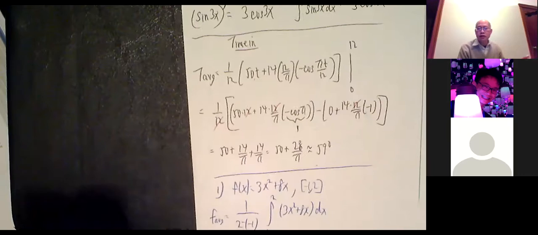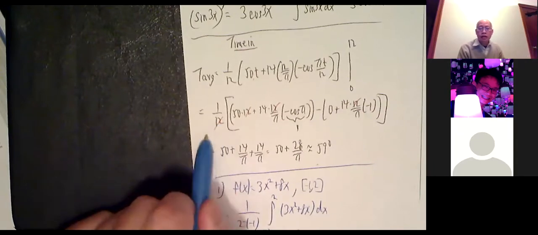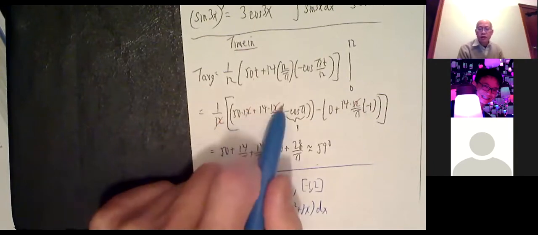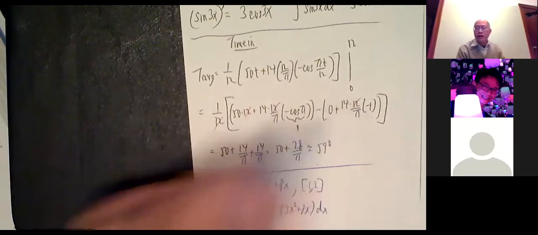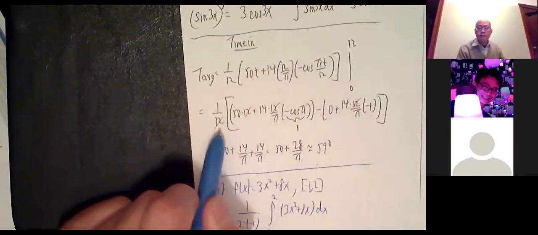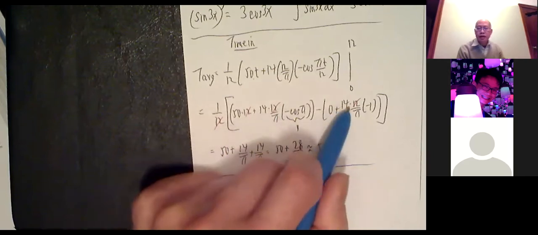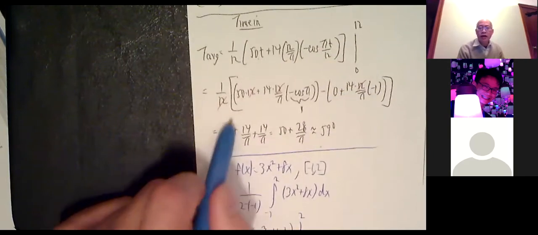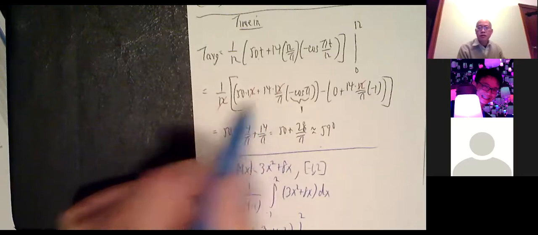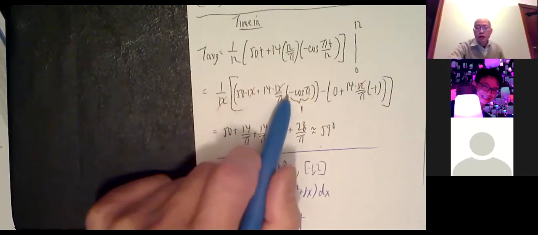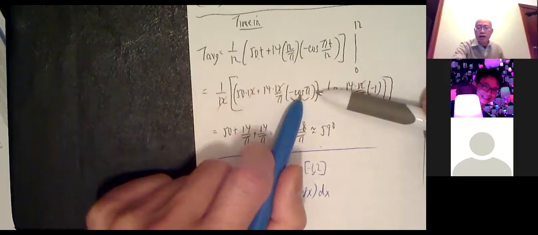Now look at this little trick that I did. Cancel that 12 with that 12, that 12, and that 12. That way I never have to pick up my calculator and figure it out. That 1/12 distributes, cancels that, that, and that. So very conveniently, I have 50 plus 14, negative the cosine of pi. Cosine of pi is negative 1, so the negative of that would be positive 1.